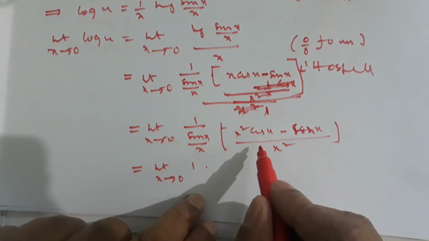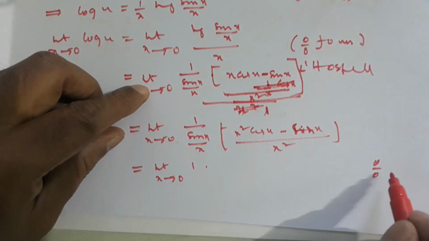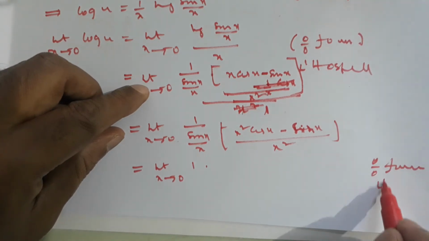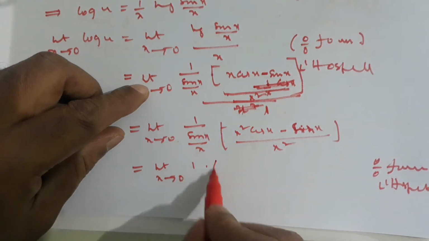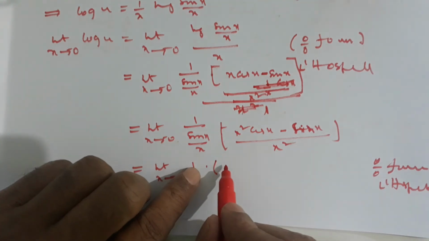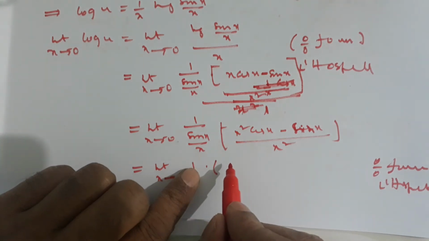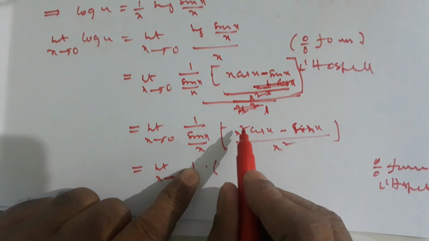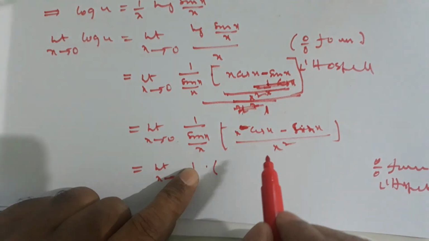Now this value is 1, as the limit can be applied. Now it will be 0 by 0 form, so apply L'Hospital rule. Again the u by v method: there is no need for it, because the denominator is x.